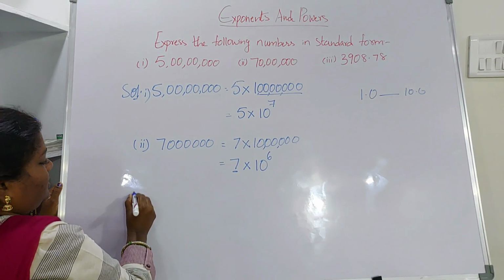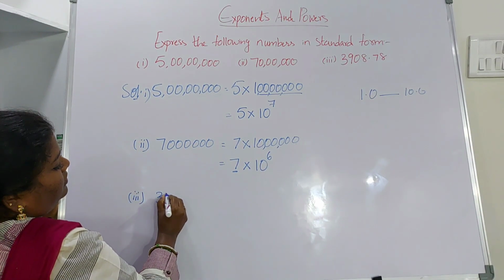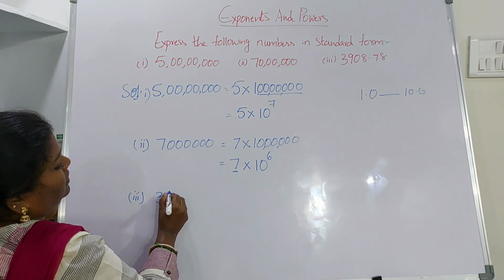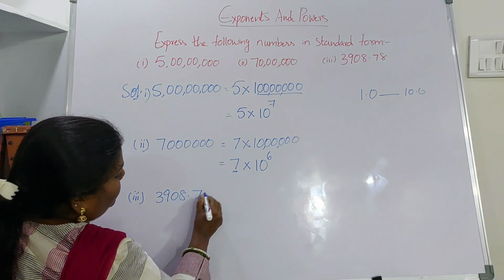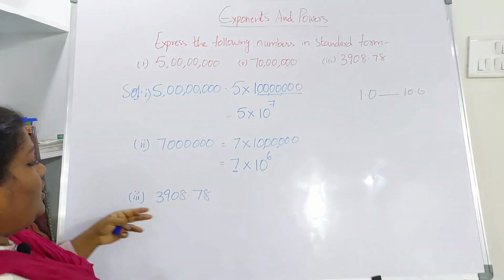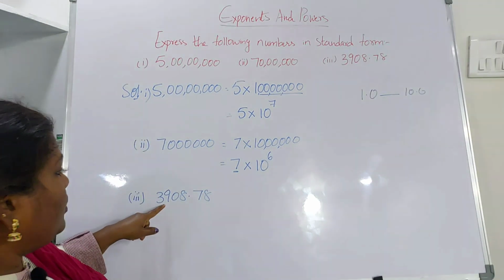Now let me take the third one, 3908.78. Here you have a decimal number, so you need to write in standard form. Now what to do?